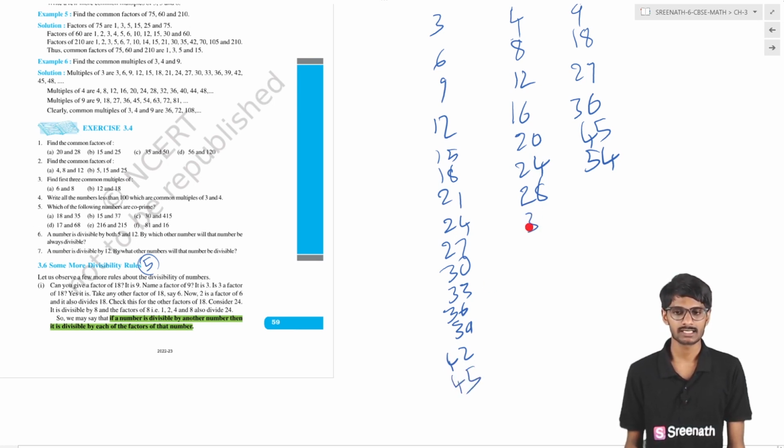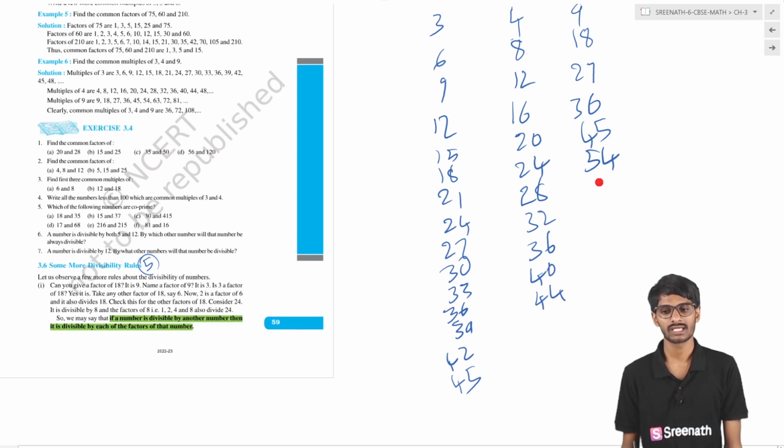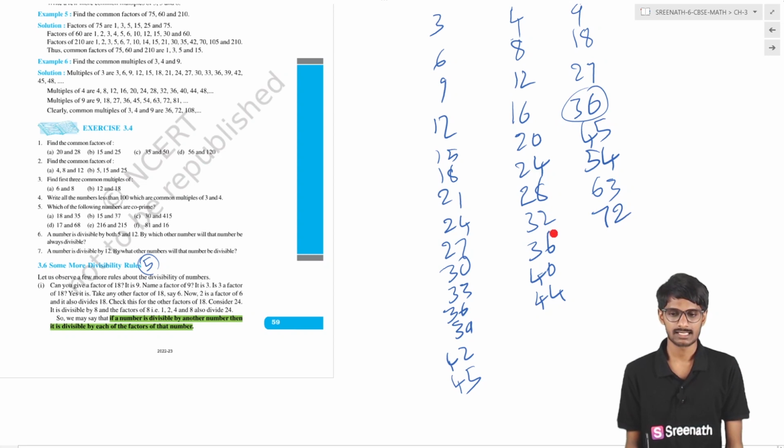For 4: 32, 36, 40, 44, like that. For 9, further on: 63, 72, like that. If you observe clearly, there is 36 here, 36 here, and 36 here. So 36 is the common multiple.